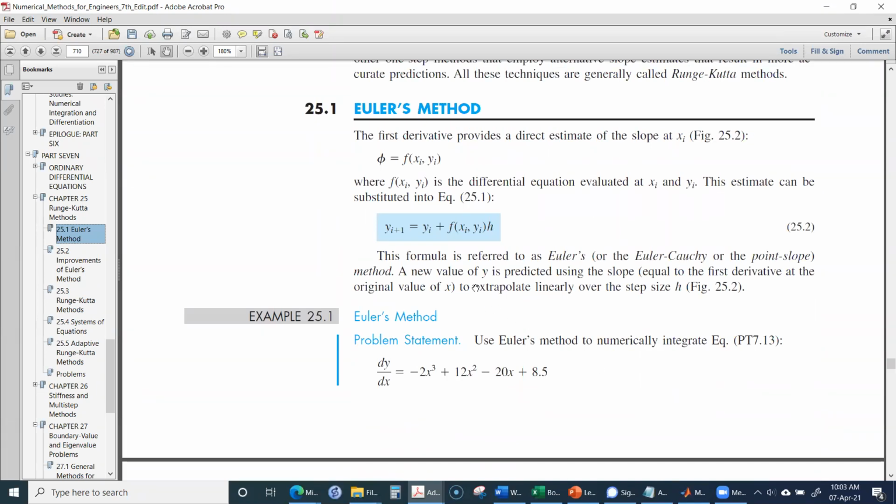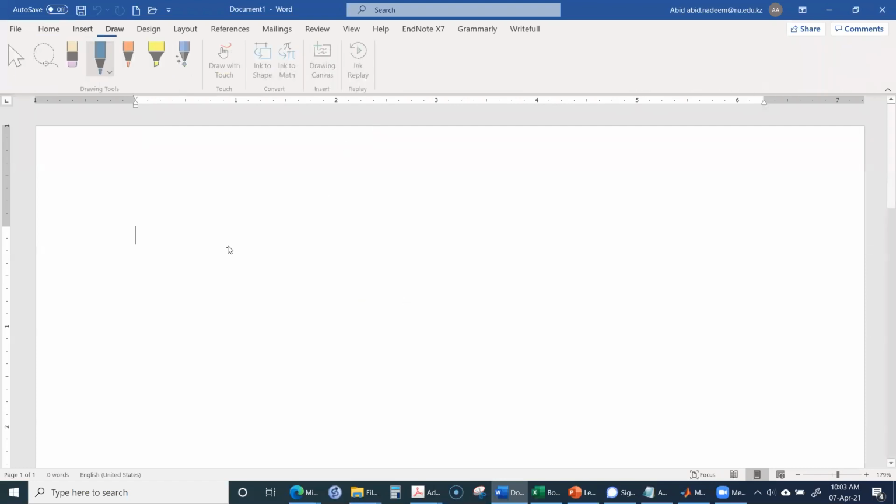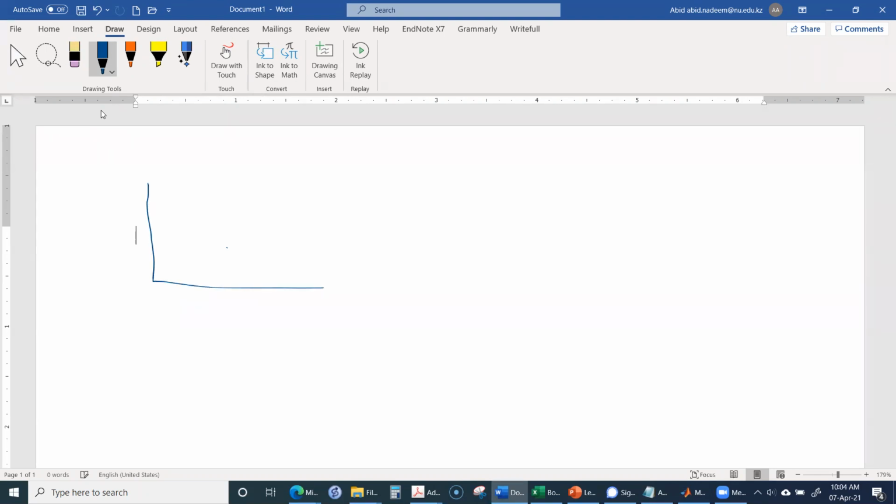The Euler's method equation is y_{i+1} is equal to y_i plus f(x_i, y_i) times h. So for example, if we have a function, we take the value of the function at x_i, which will be f(x_i, y_i), and then we need to take a slope of that function, maybe in this direction.